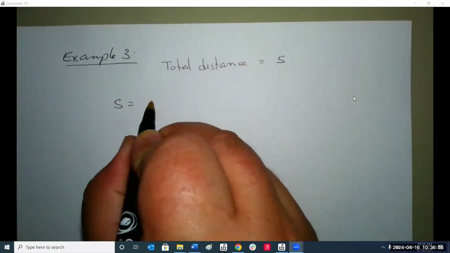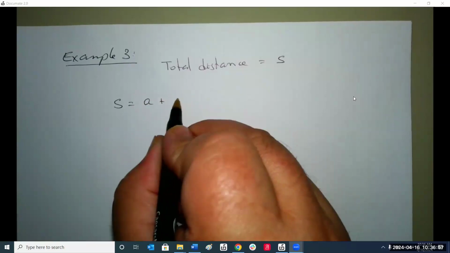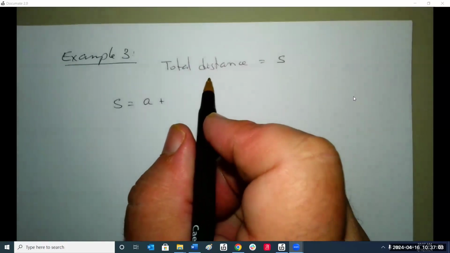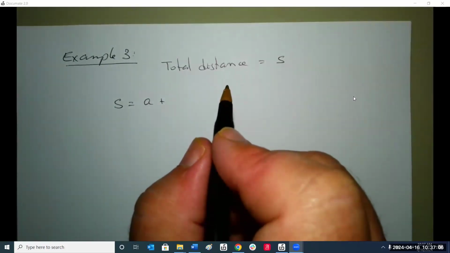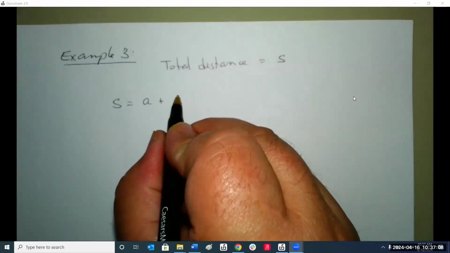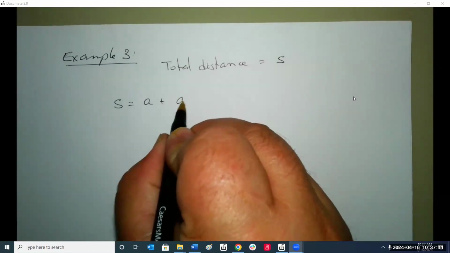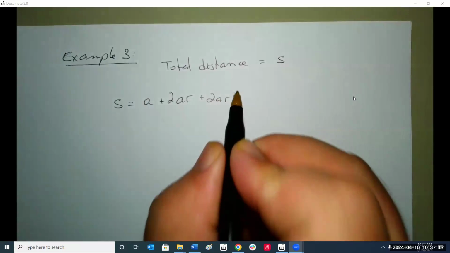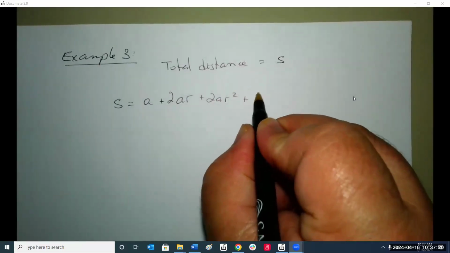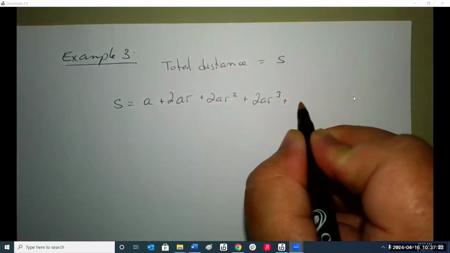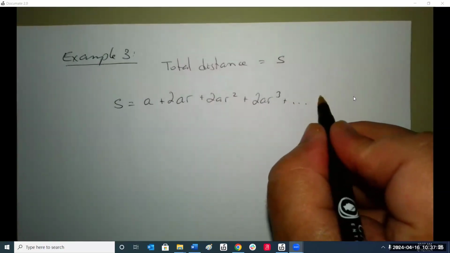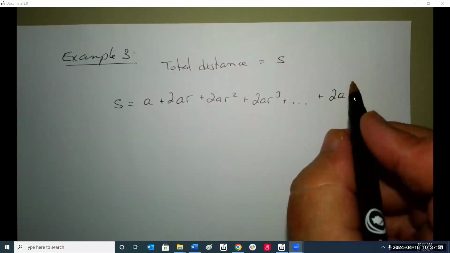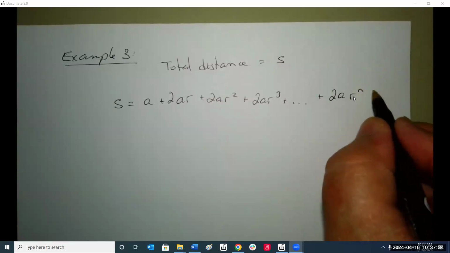So what does S equal? It equals the first term, which is A, how far it's dropped. Then it goes up and down, so AR happens twice. Then twice AR squared, twice AR cubed, up to twice AR to the n minus 1.